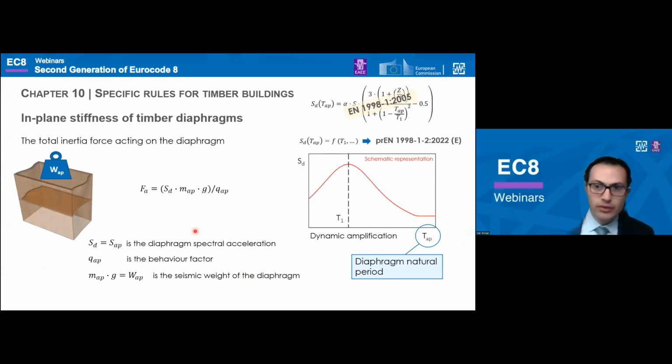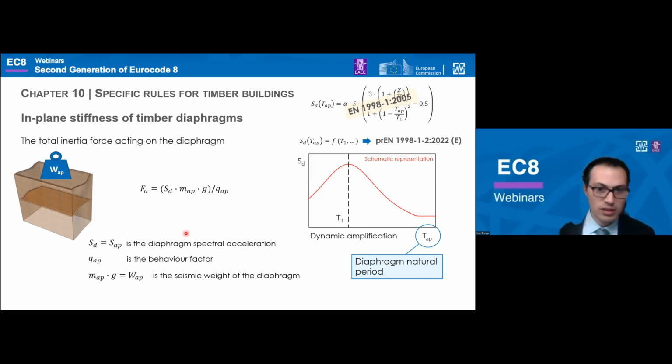So in order to evaluate the expected deformation of the floor and carry out the safety checks according to the linear procedure that is introduced in chapter 10, one must first determine the demand with the very familiar formula here, where the total seismic force acting on the diaphragm is proportional to the seismic mass, seismic weight actually, multiplied by the spectral acceleration.